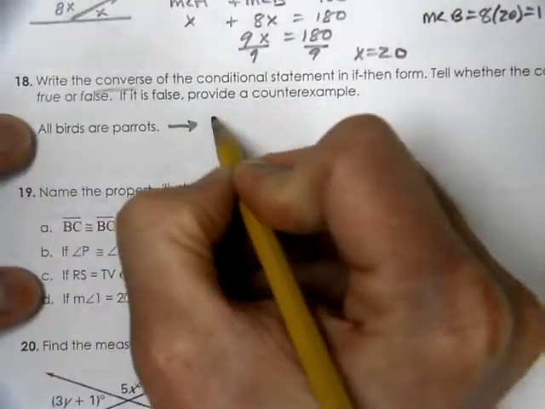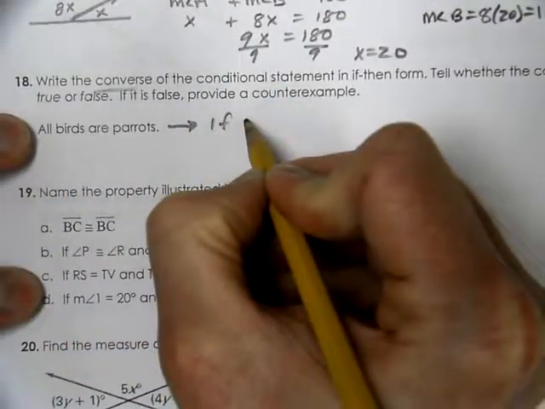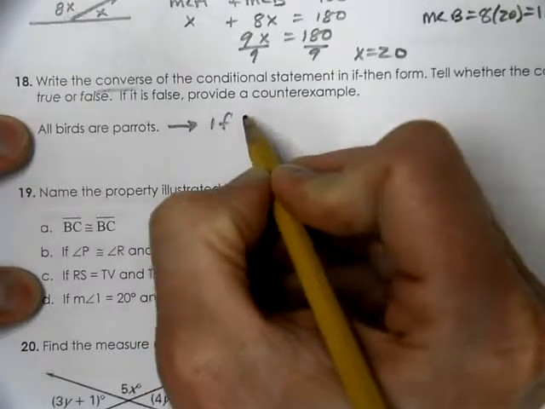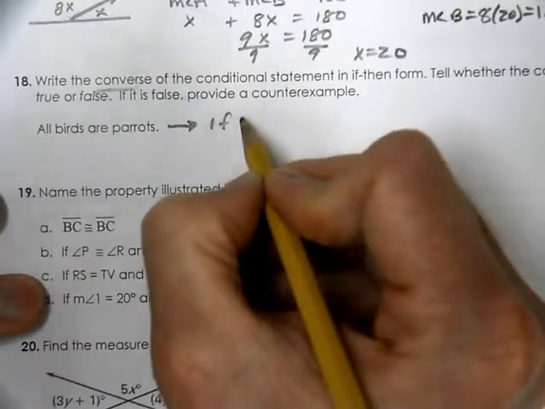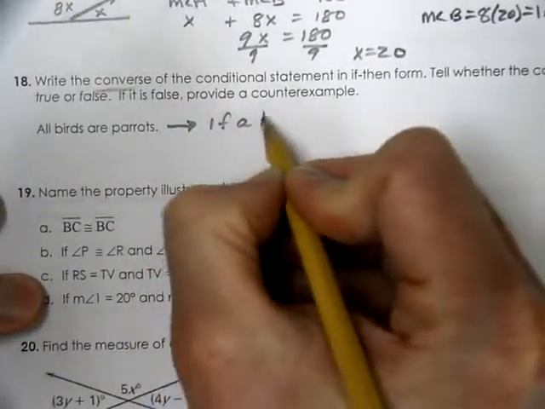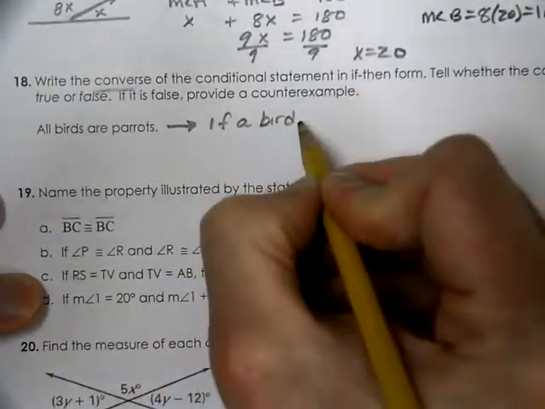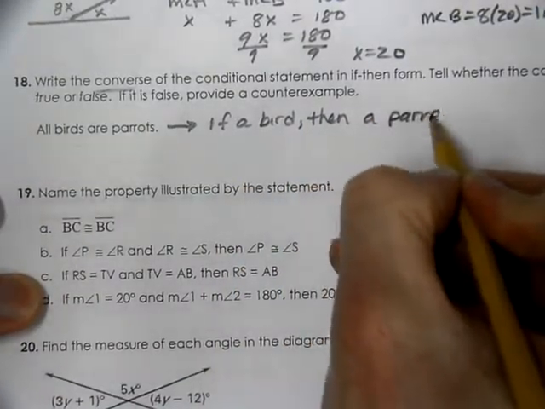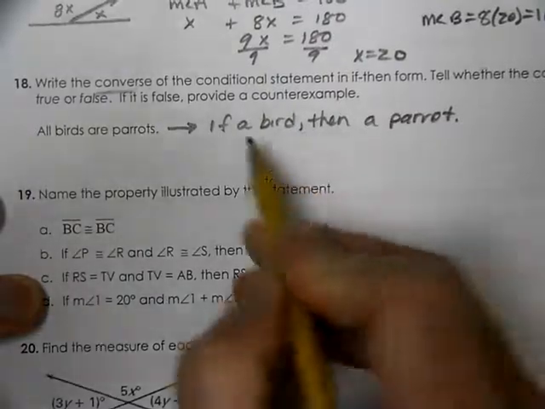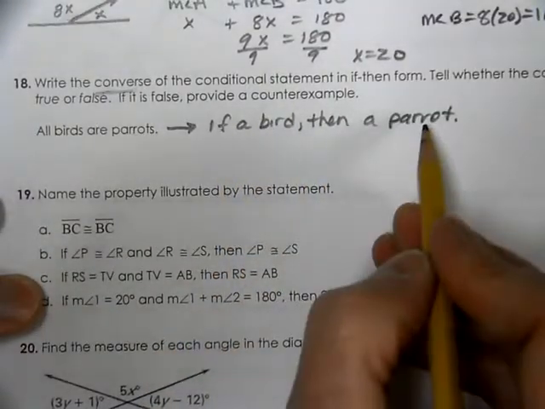So this one is if an animal or if a bird, then it's a parrot. Just to kind of simplify it as much as possible. If you have a bird, then it's a parrot.